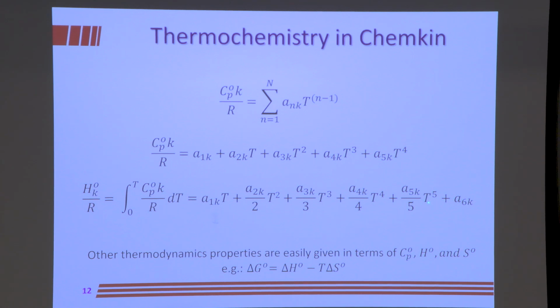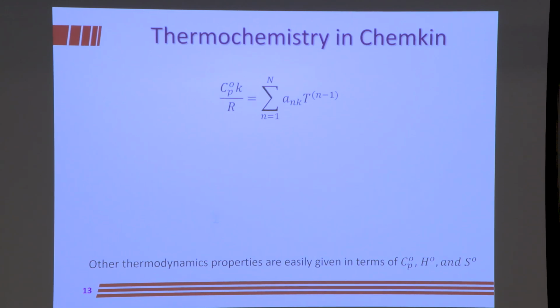You have A5 times T to the 5 over 5, plus a constant, which is A6. Okay? So here you integrate Cp over R dT, and you get the enthalpy. But now, to get the enthalpy, we actually need 1, 2, 3, 4, 5, 6 numbers. Not just 5, we need 6.